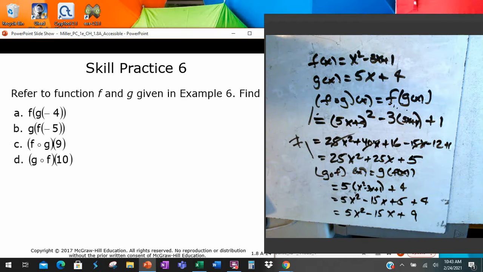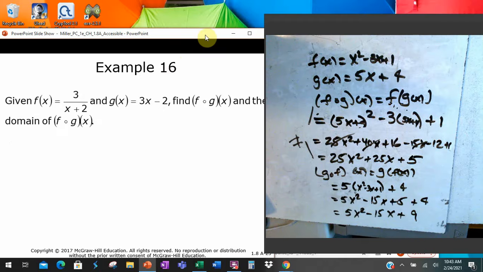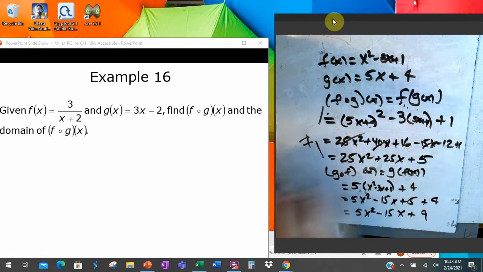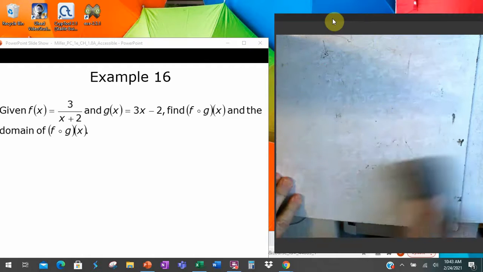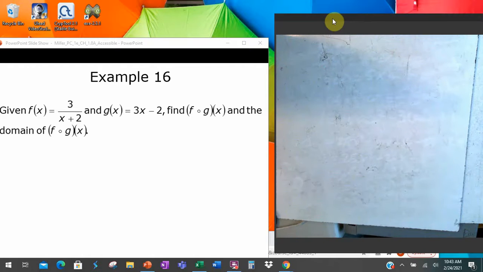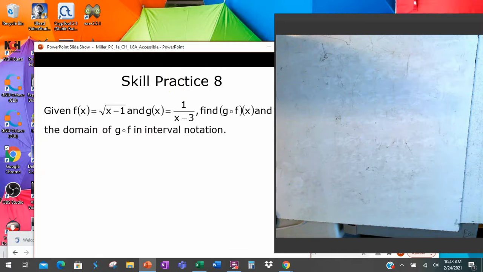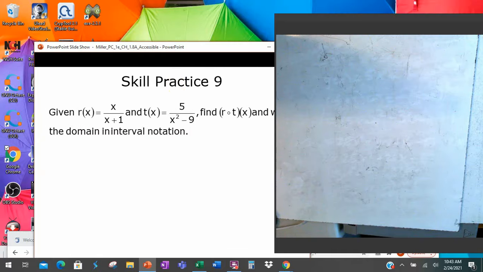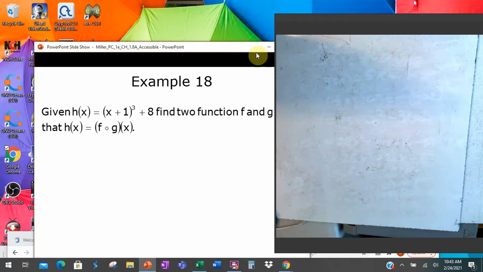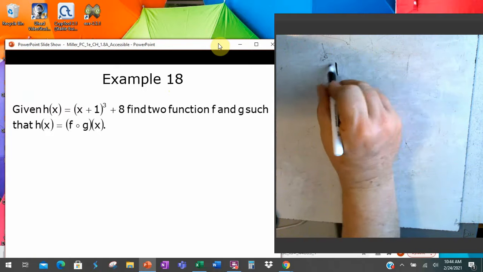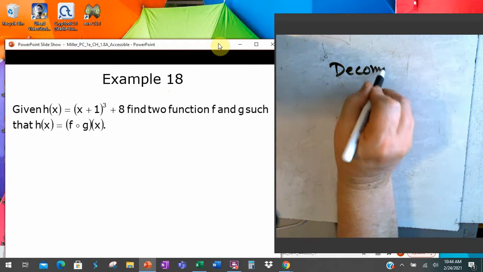In many cases, it would be helpful if we could break these things apart. I've got a complex function. So I want to cover real quick decomposition.